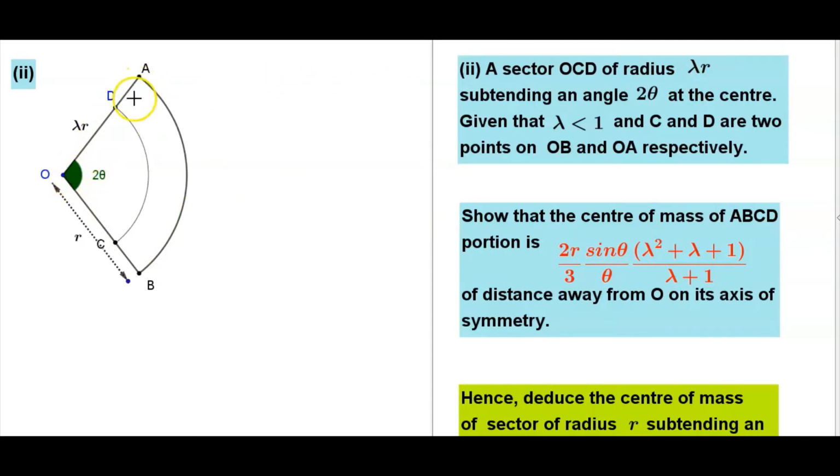On OA there is a point D and on OB there is a point C, so that OD is lambda r, where lambda is less than 1. This is also a sector of angle 2 theta, but here the radius is lambda r, so this one is a small sector.